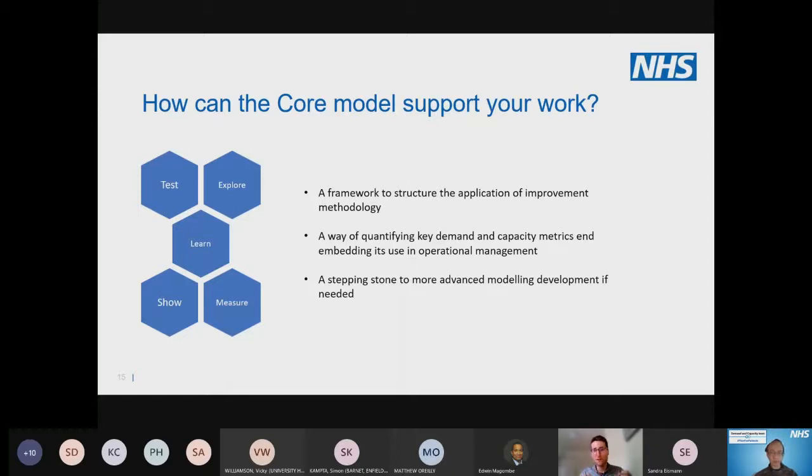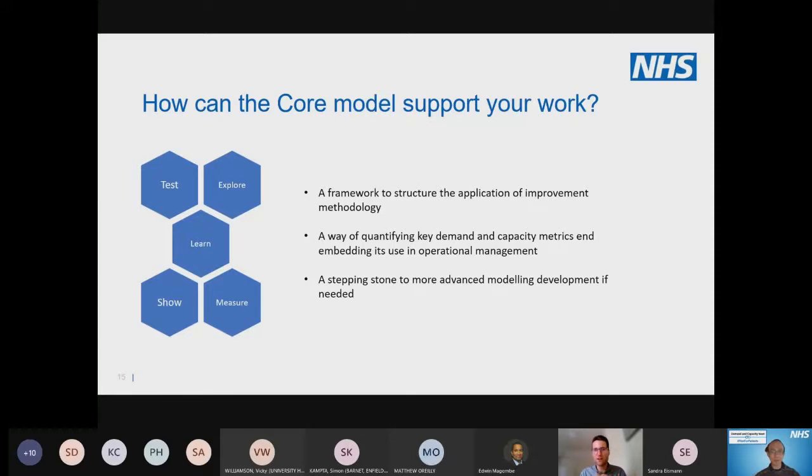So there are fundamental methodologies used within the core model, like accounting for variation and measuring as a percentile, taking account of different parameters and variables like DNAs and ROT, measuring capacity averaged over 52 weeks rather than just a solid 52-week block.